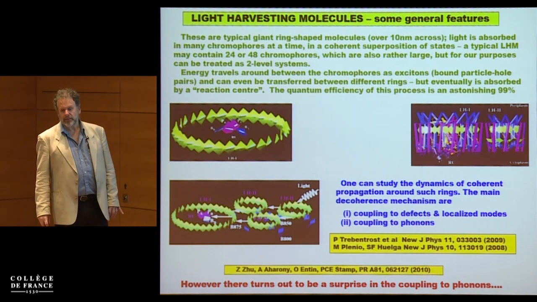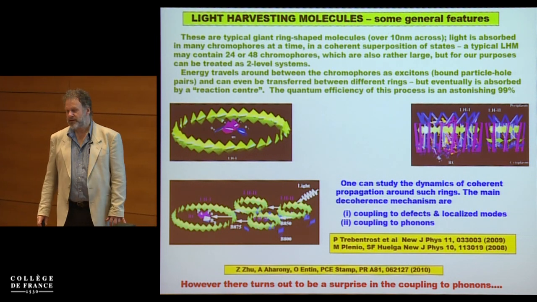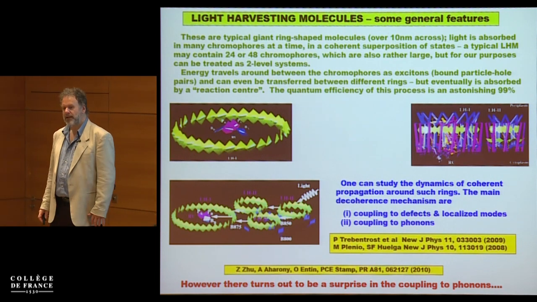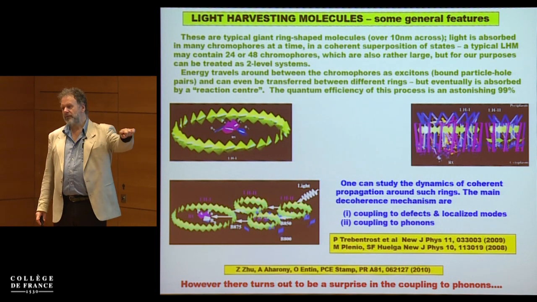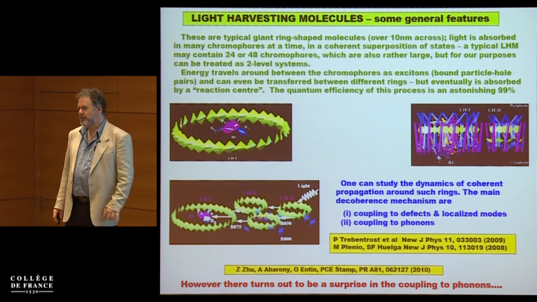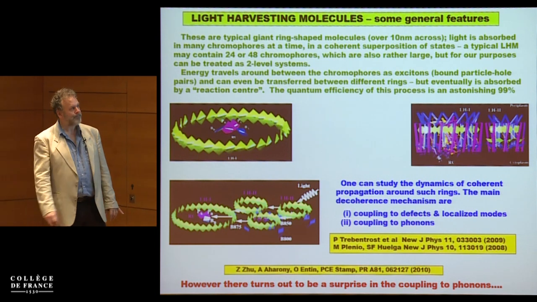So I already explained to you how in certain light harvesting molecules, there was this astonishing experimental result, which has been confirmed now in 4 different labs, that you could get coherent propagation of excitons around light harvesting molecules. And the interesting thing is that these are propagating over hundreds of angstroms at room temperature.